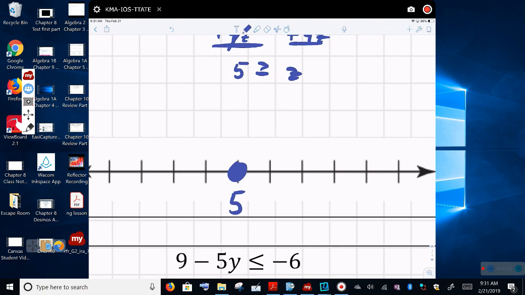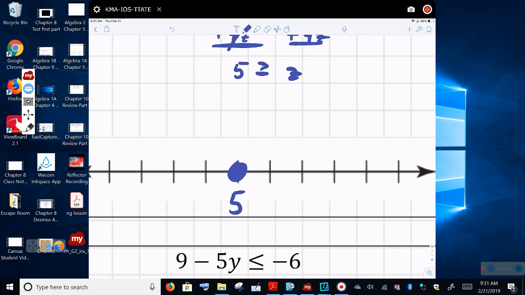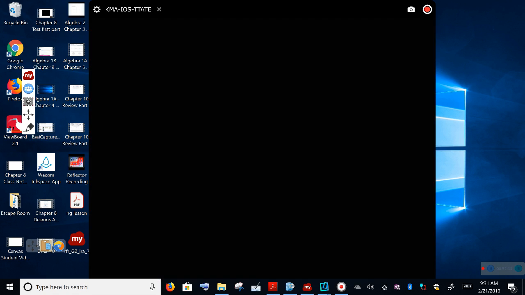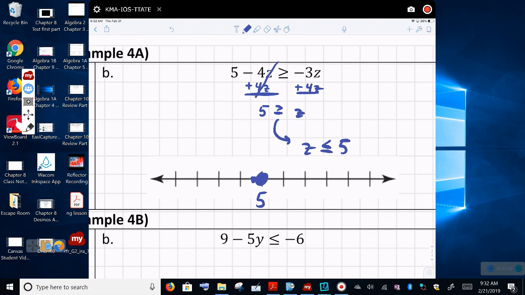So right now, if you go too quick, you would say, oh, it's pointing to the right, so I'm going to shade to the right, but it's not, because the variable's on the right side. So you either know that it's actually going to be the opposite, or I'm just going to switch this whole equation. I'm going to switch the sign so it's going that way instead. Put the z on the left and put the 5 on the right. And now my variable's on the left, and then I can shade to the left.